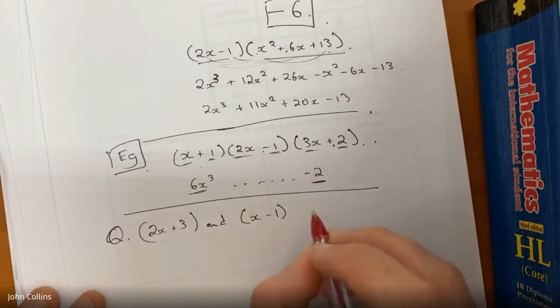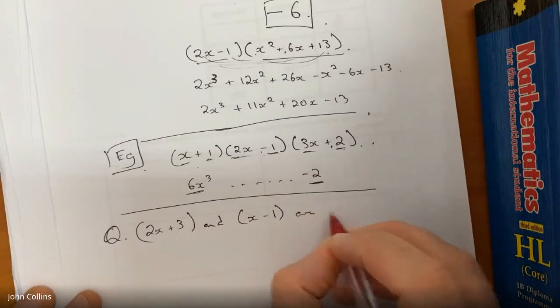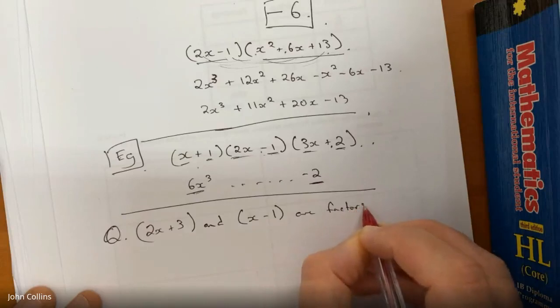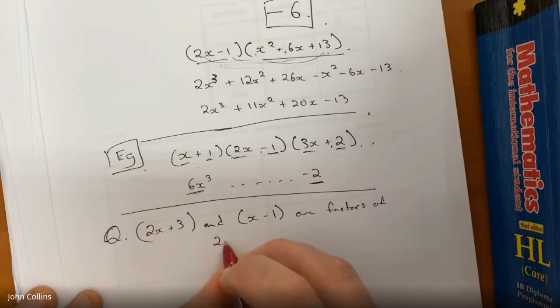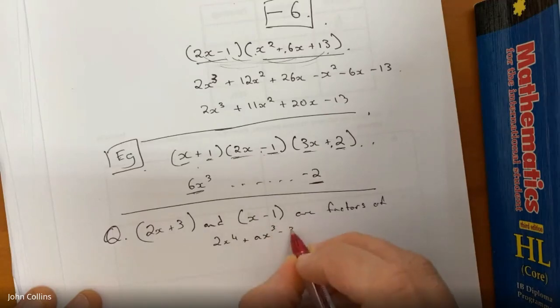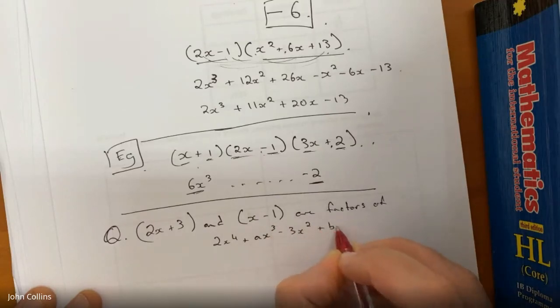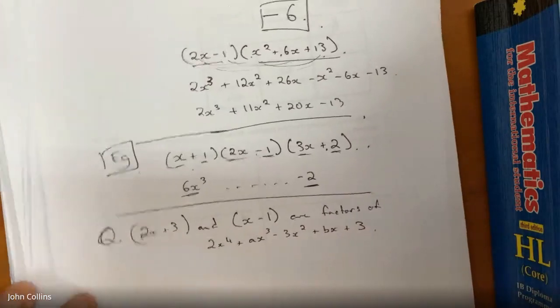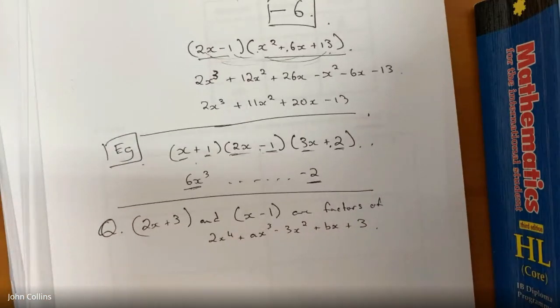2x plus 3 and x minus 1 are factors of 2x to the 4 plus ax cubed minus 3x squared plus bx plus 3. So we're given some linear factors of a quartic, x to the 4.